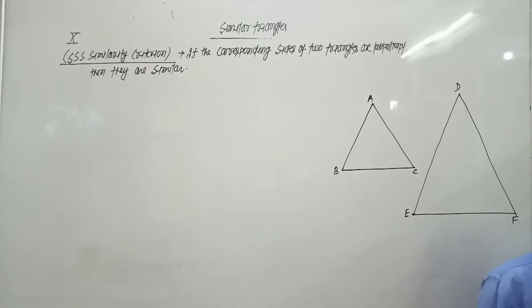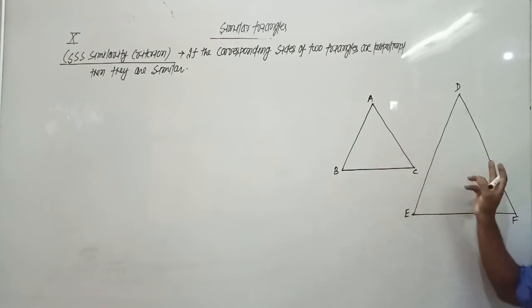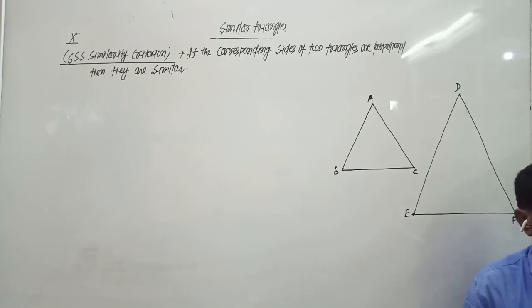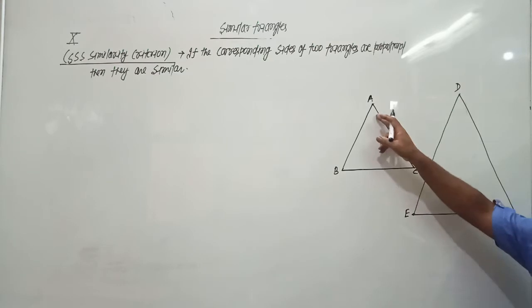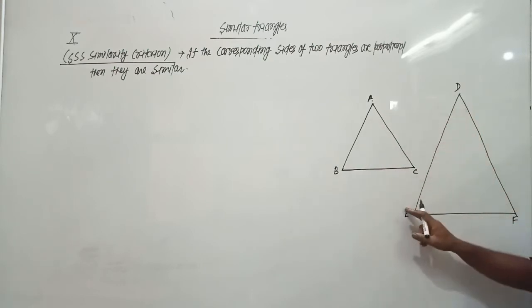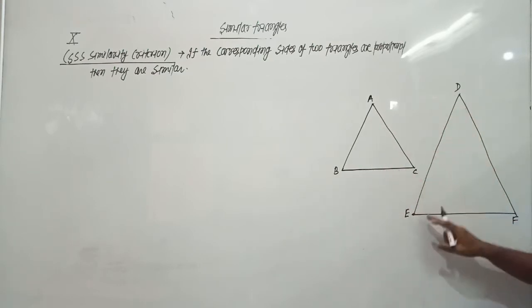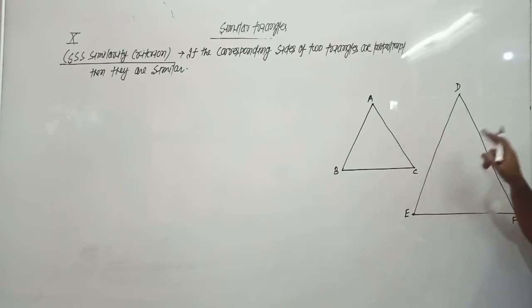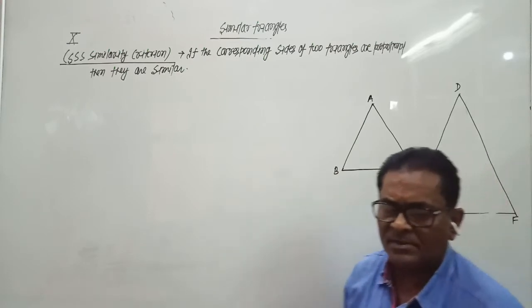And the criterion is, if the corresponding sides of two triangles are proportional, then the two triangles are similar. Corresponding sides proportional means if AB upon DE equals BC upon EF equals AC upon DF, then the triangles are similar.